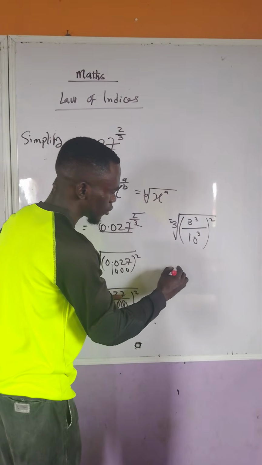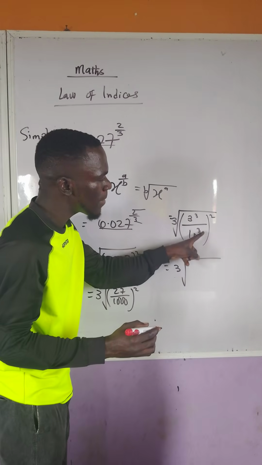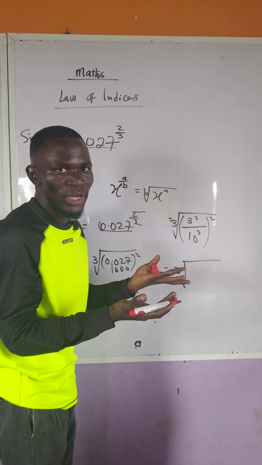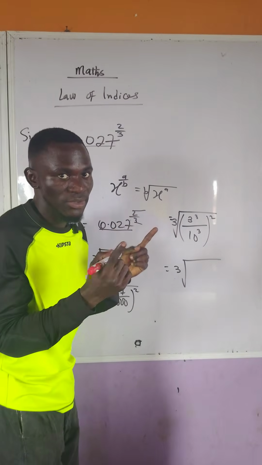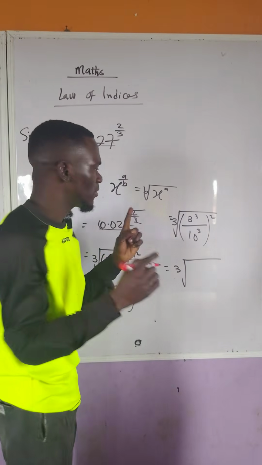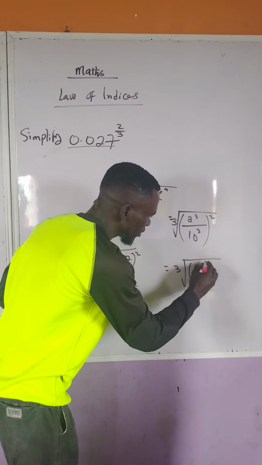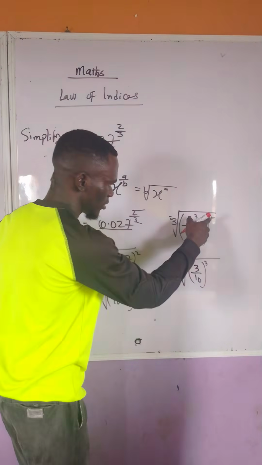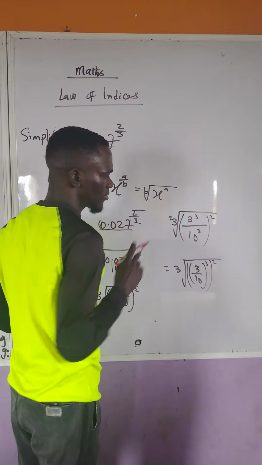When we have the same exponent, it means that we can put it in one bracket. So I'm going to have 3 over 10 all to the power of 3. Don't forget, this one has its own power before, so let's put everything together, 2 for this.